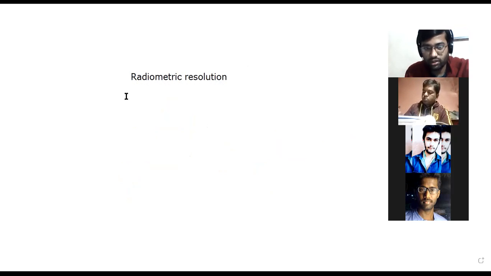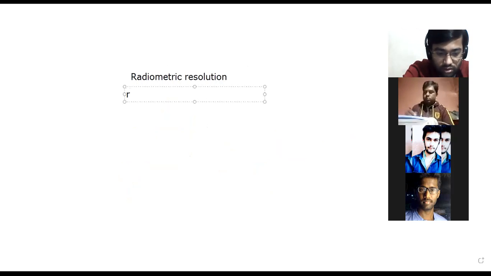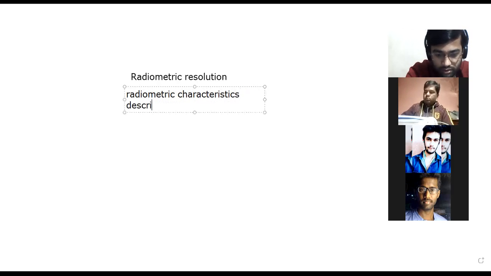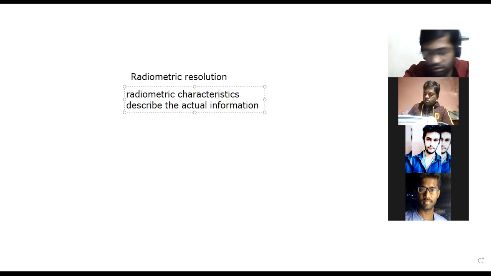So this radiometric characteristic describes the actual information in an image.